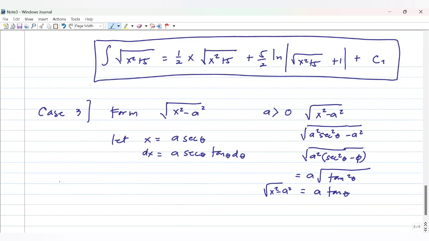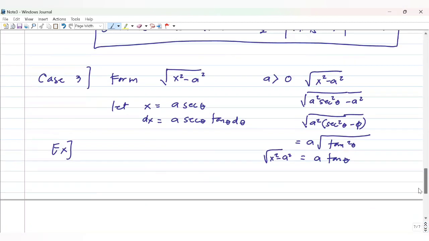So let's have an example. For case number 3, let's try this one. If you have here the integral of dx over x squared times the square root of x squared minus 9, let's look at that one.